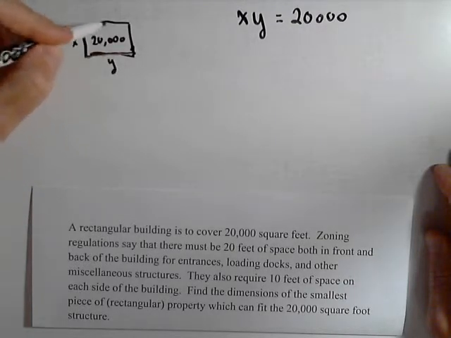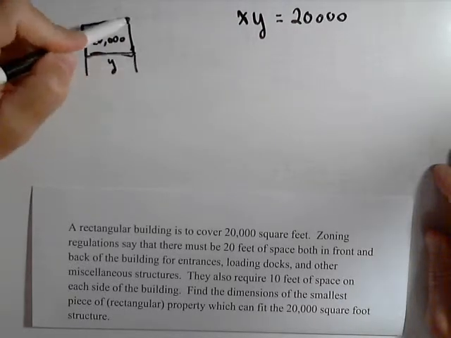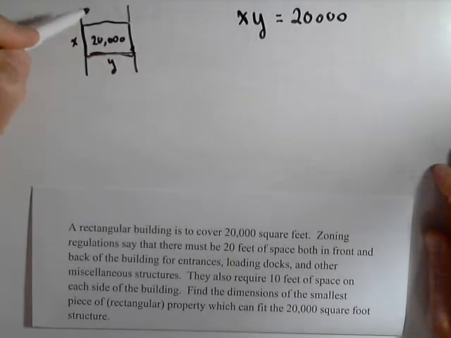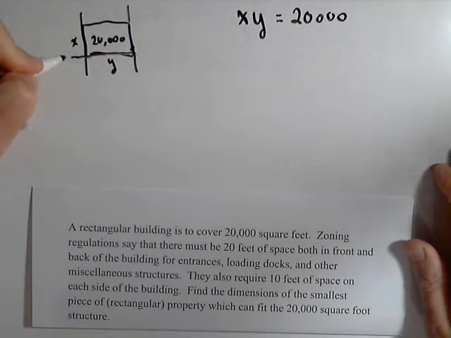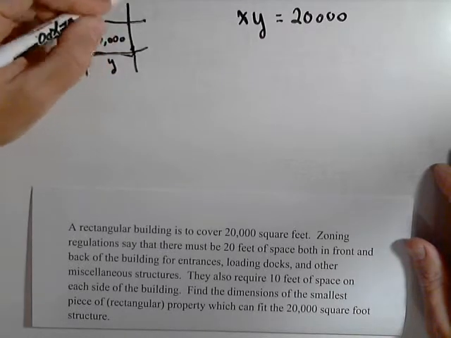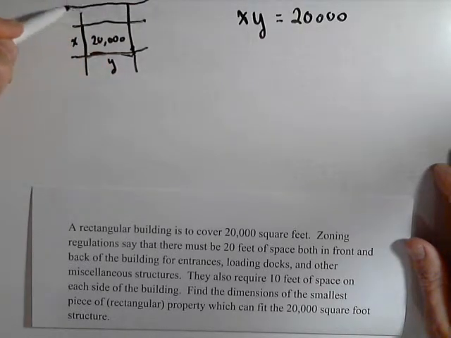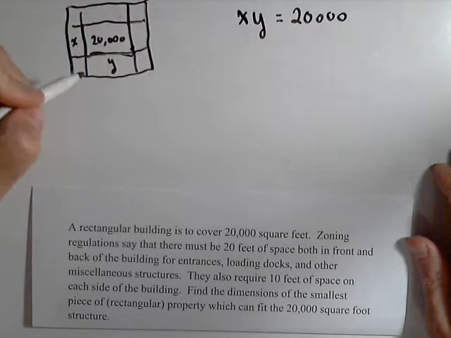Now we're going to have to put structures. Let's call this the front and this the back. You can do it either way. But we know that zoning laws are what are requiring this extra space. 20 feet of space in front and back and 10 on the sides. So we get this larger piece of property here, and that's the one we have to find the dimensions of.